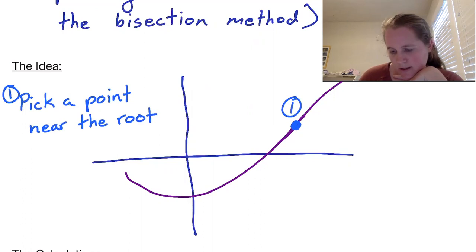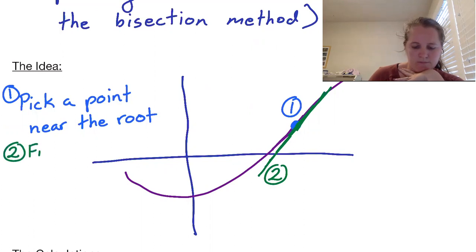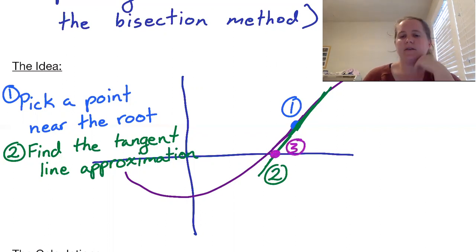If we draw our tangent line, we're going to find the root of that line, so we'll find where that line crosses 0.